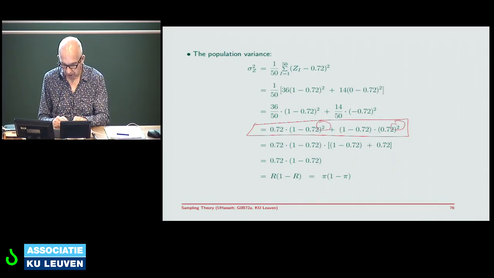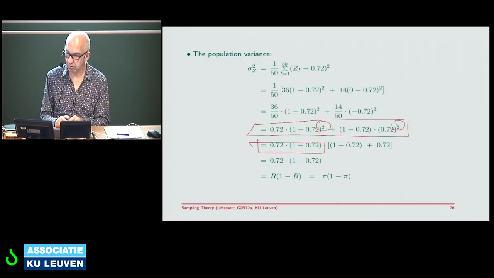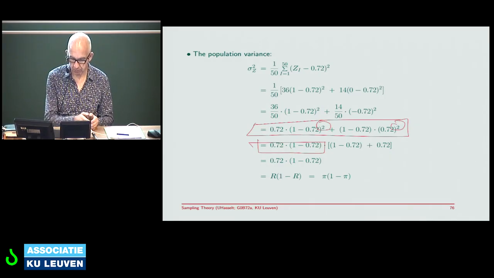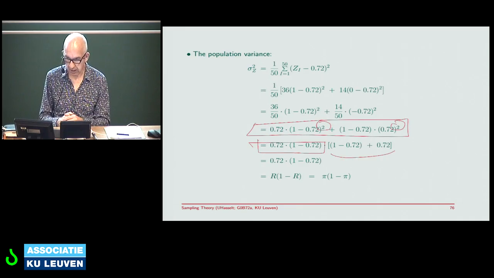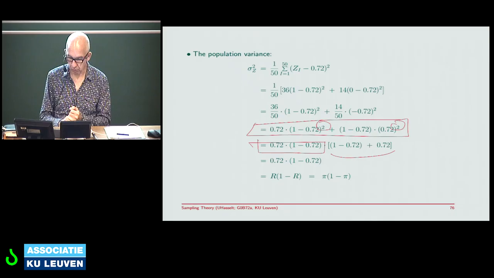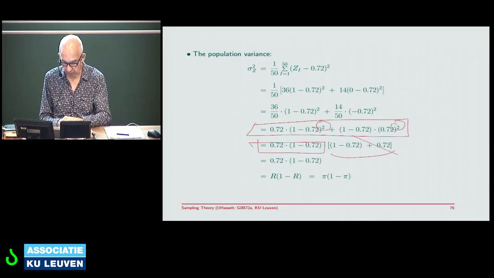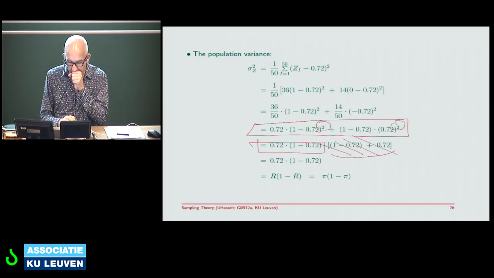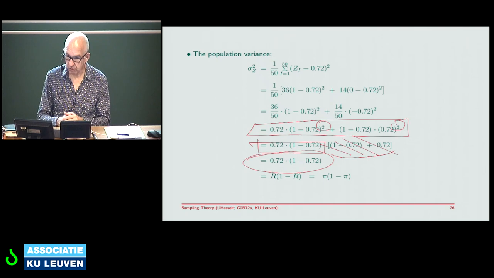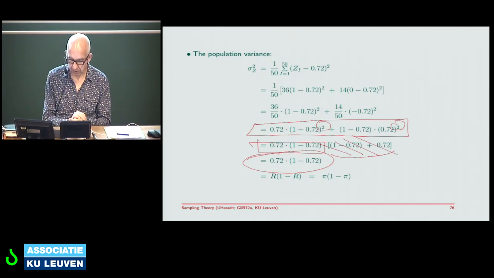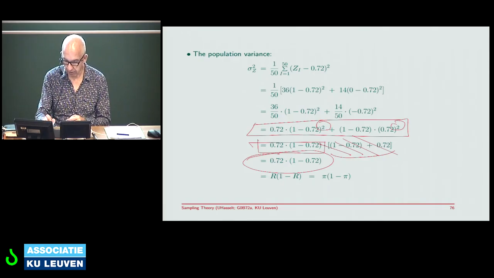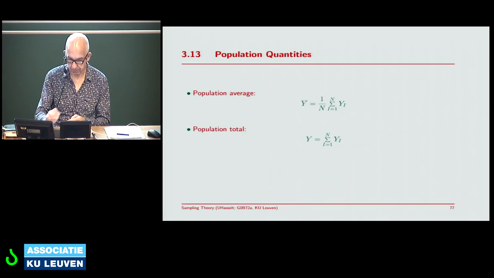So if we bring up front what is common to the two terms, 0.72 times (1 minus 0.72), and we put in square brackets the remaining terms, 1 minus 0.72 plus 0.72, this is just 1 and vanishes. So what we get is 0.72 times (1 minus 0.72), or r times (1 minus r), or pi times (1 minus pi), the familiar Bernoulli variance.